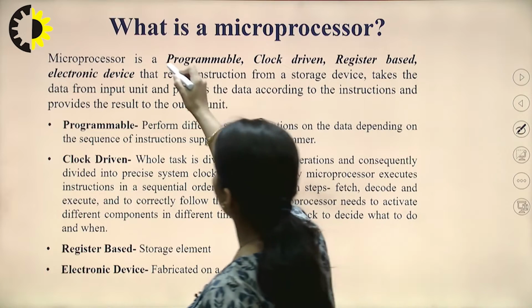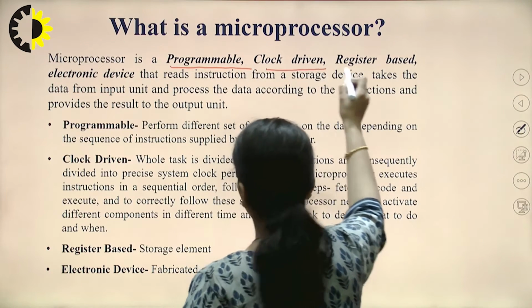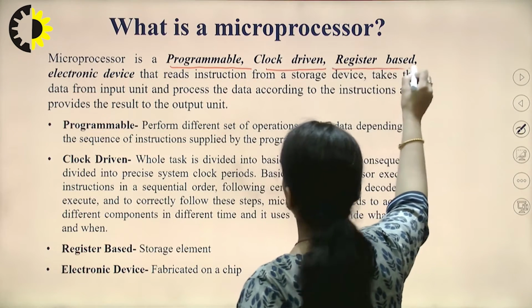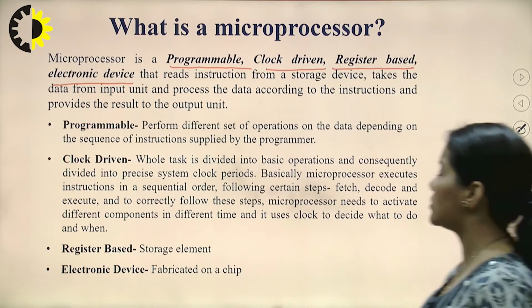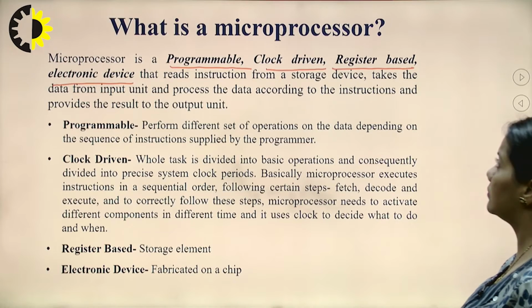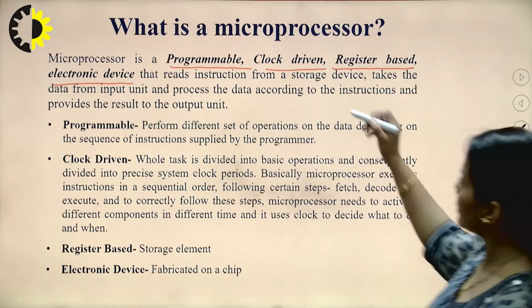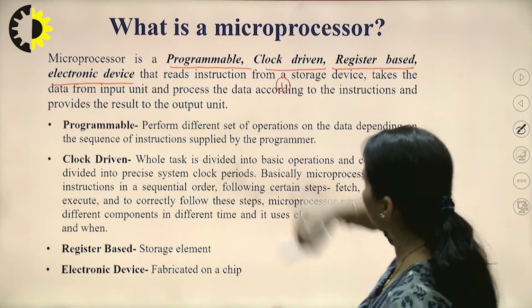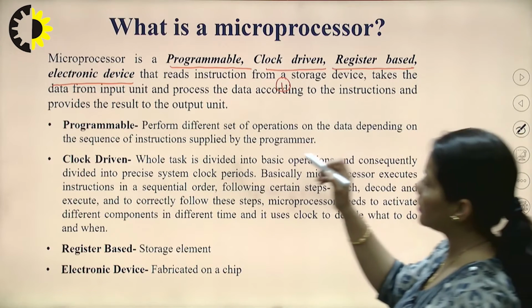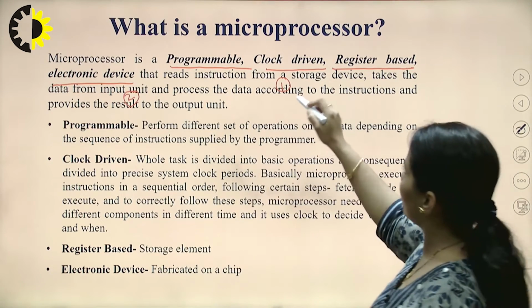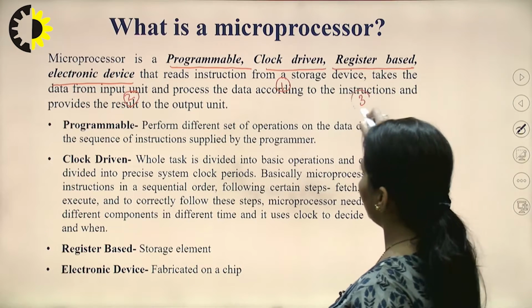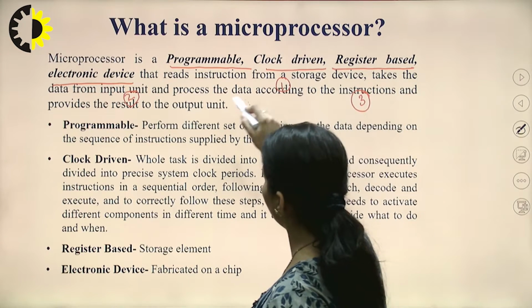A microprocessor is a programmable, clock-driven, register-based electronic device that reads instructions from a storage device. The first thing is it reads instructions from the storage device, takes the data from the input unit, processes the data according to the instructions and provides the result to the output unit.